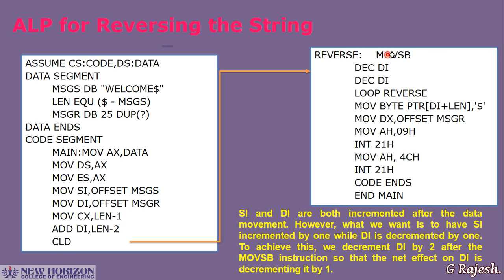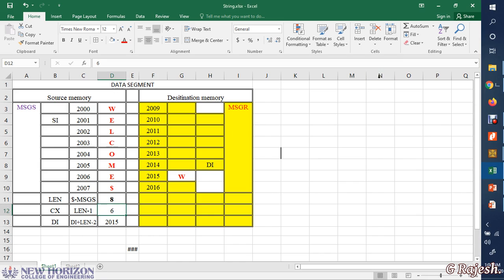Now MOVSB is executed. What happens to MOVSB now? It will copy the character pointed to by the SI register to the location pointed to by the DI register.